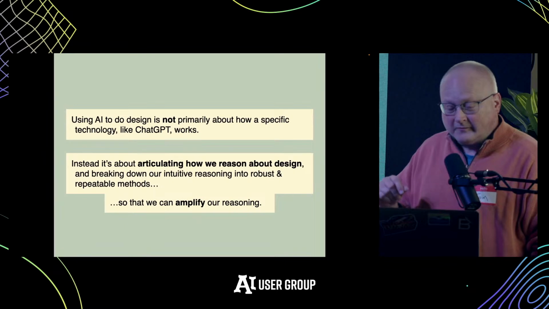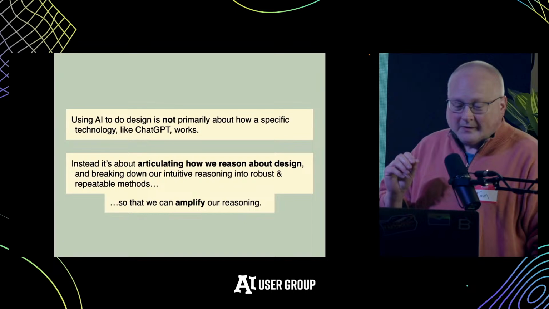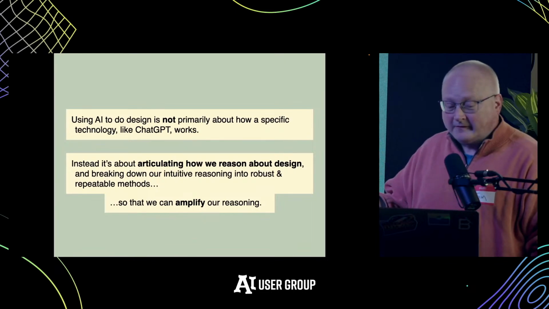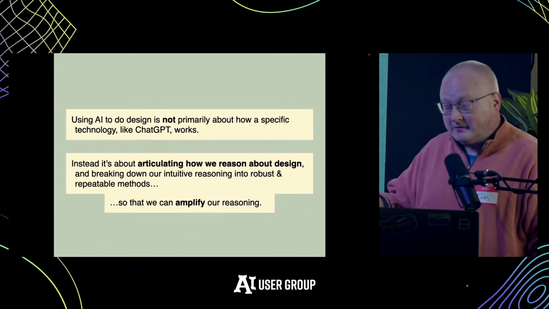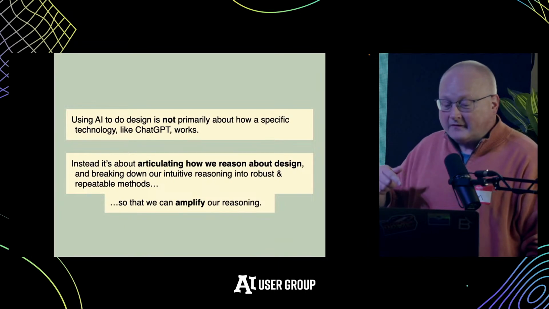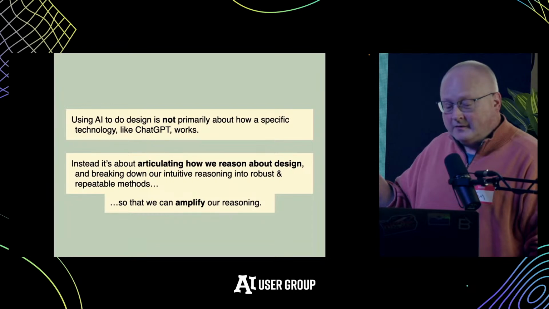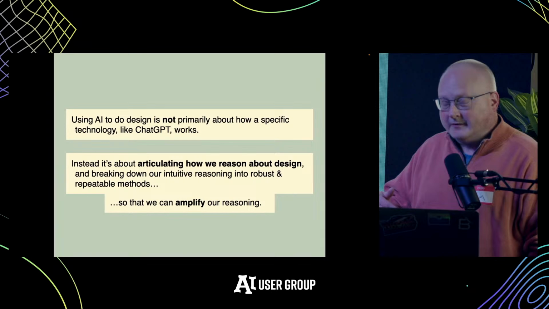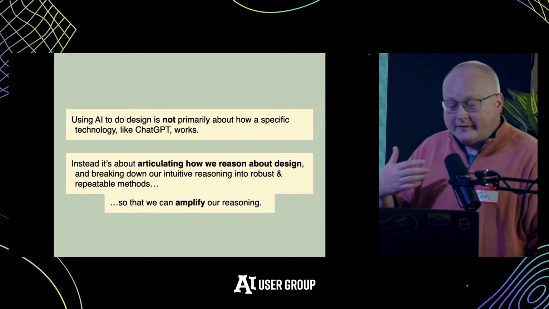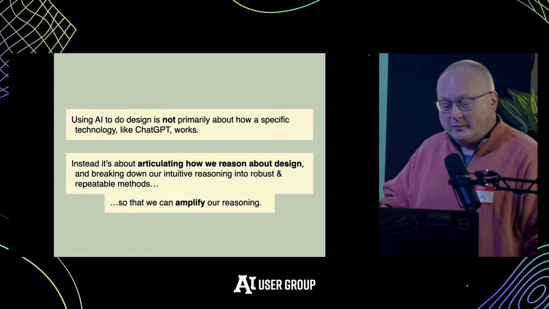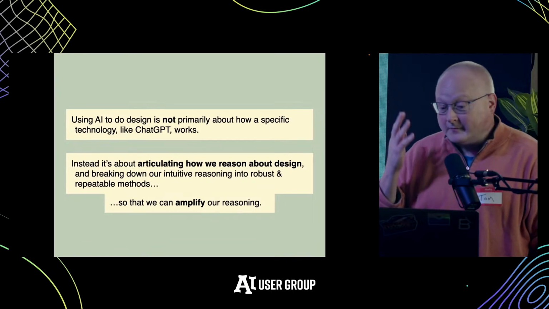Image generation seems to then not be feasible there. But in any case, it's not really about a specific technology, but the fact that this technology exists at all allows us to think about how to do reasoning for design. And so really, using AI is about understanding how we reason about design. And the goal then is to amplify our reasoning with these tools. So that's my general framework.